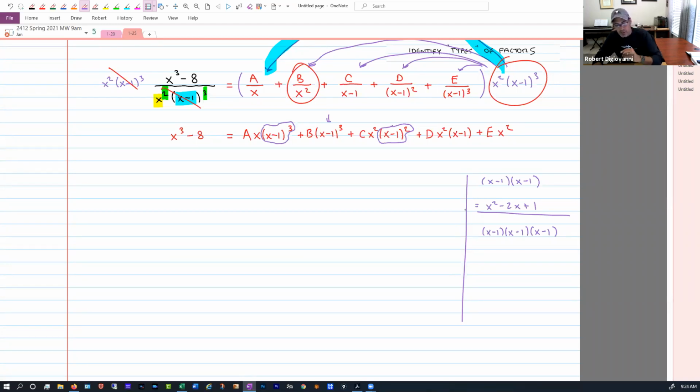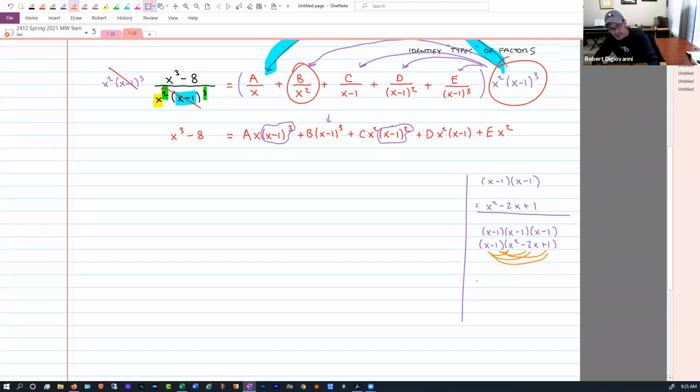If you don't know the shortcut way, the way I like to do it is to put two of these together. So I like to put these two together, and that's this. We already know that from up here. Then I distribute my x through, and after that, I multiply my -1 through.